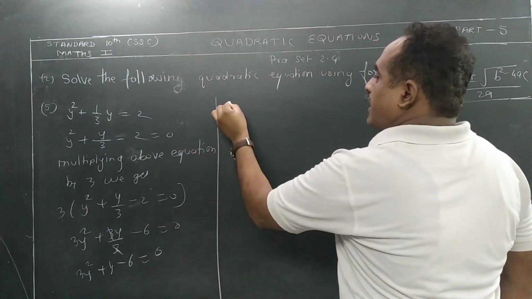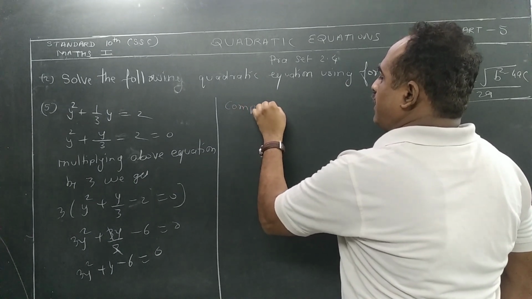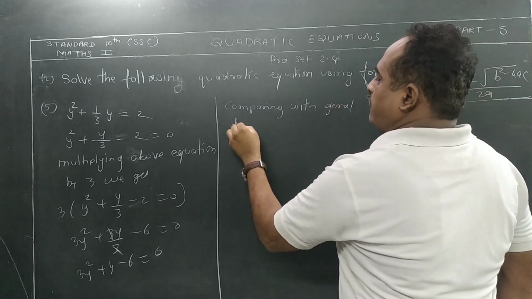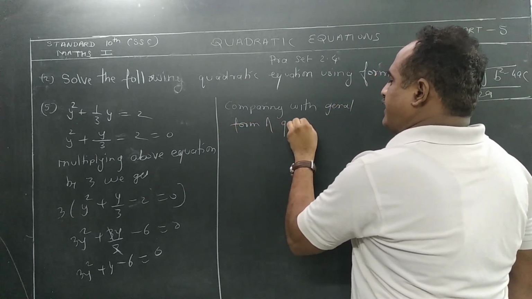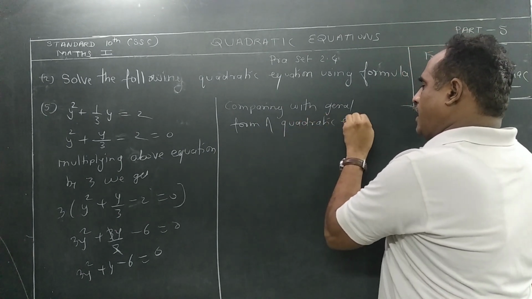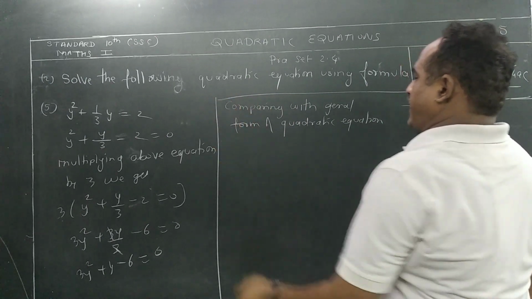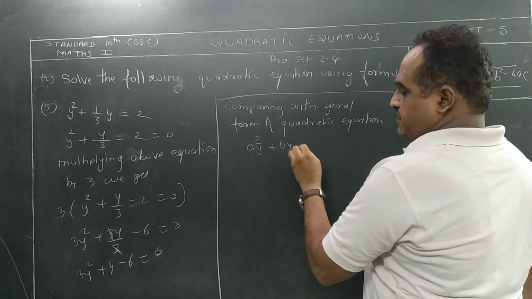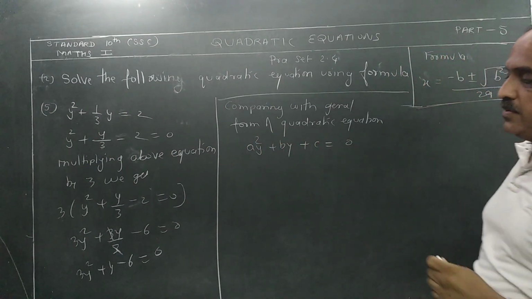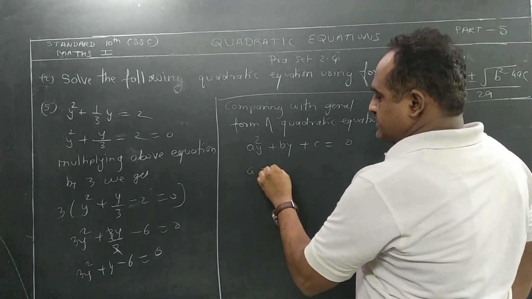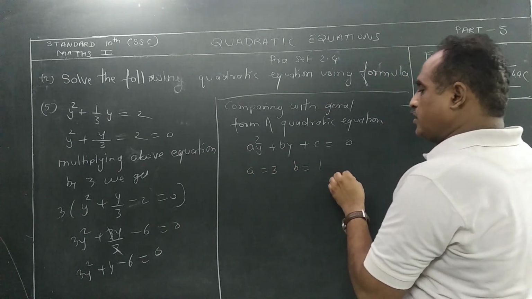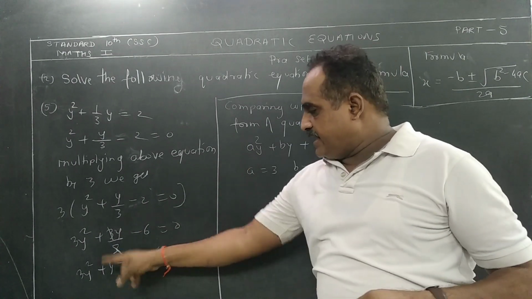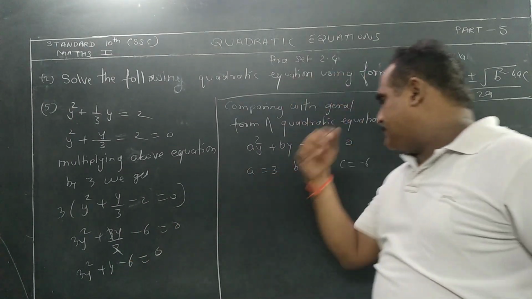Now what are you going to do? Comparing with the general form of quadratic equation, that is ay square plus by plus c is equal to 0, then a is equal to 3, b is equal to 1 and c is equal to minus 6.